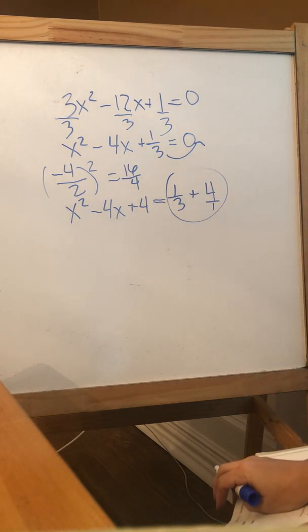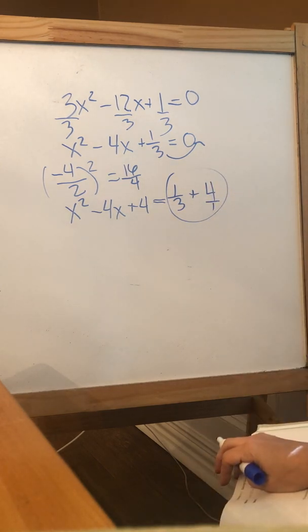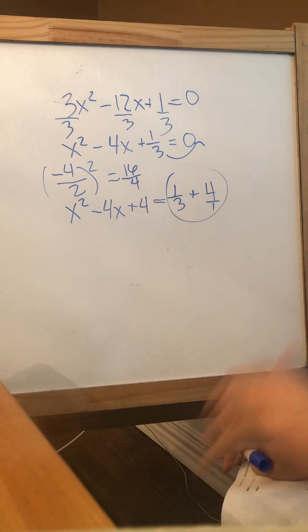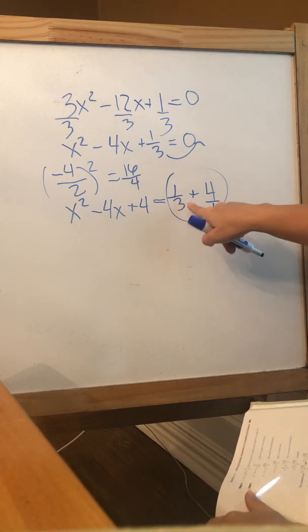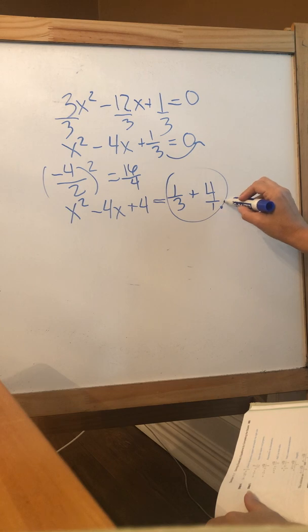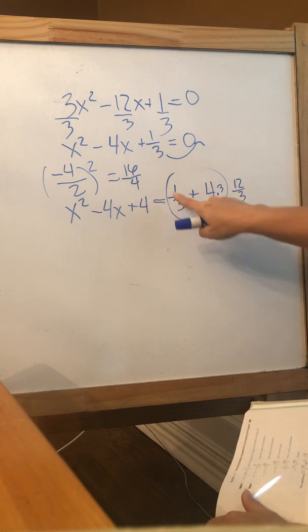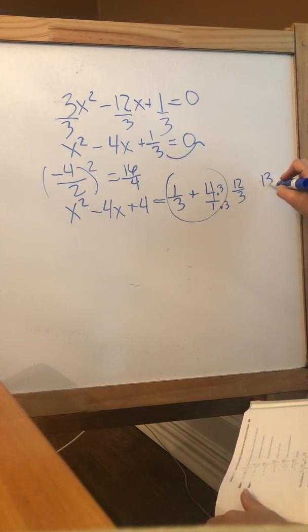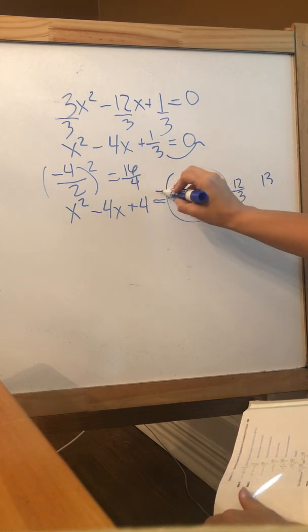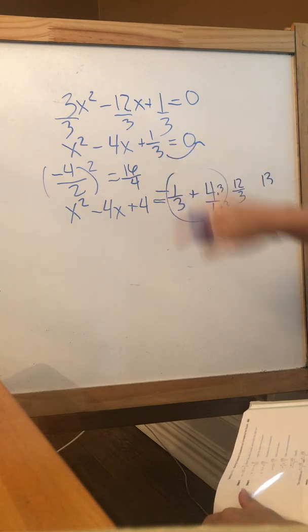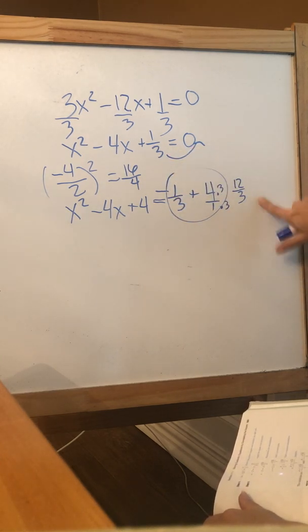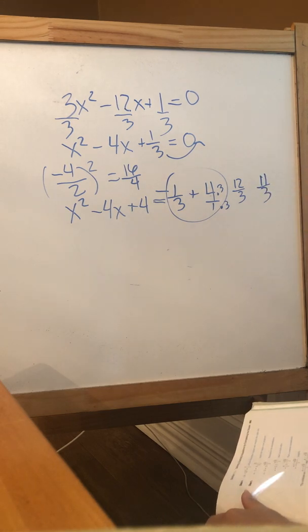We have 1 over 3 and 4 over 1. So let's change this to thirds. So we're going to multiply everything by 3. And that gives us 12 over 3. So we're adding here. So we have, kidding, we're subtracting here because we subtracted this. All right, so we have 11 thirds.